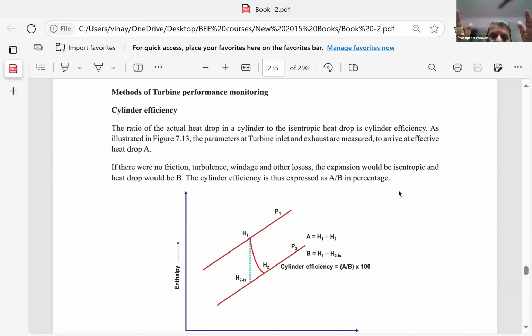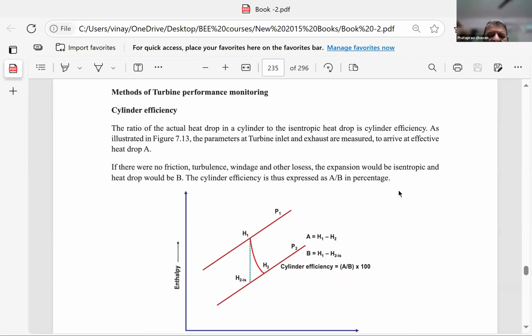There are turbines which have more than one cylinder. One cylinder dedicated only for high pressure steam, one for medium pressure steam, a third cylinder for low pressure steam. These are three cylinders. They achieve better efficiency because their expansion ratios are good only for that cylinder.